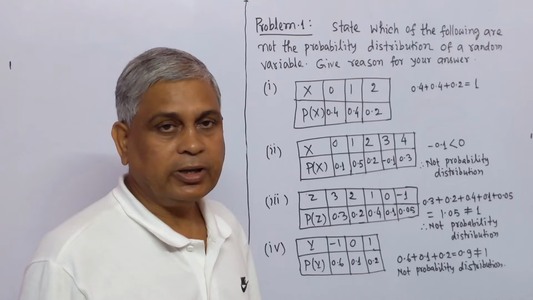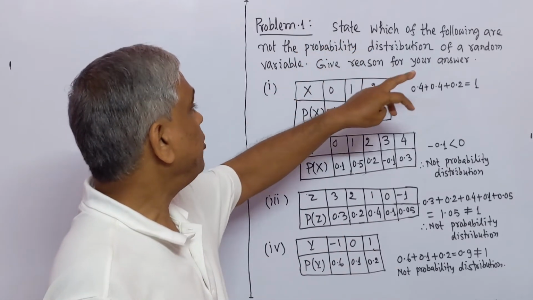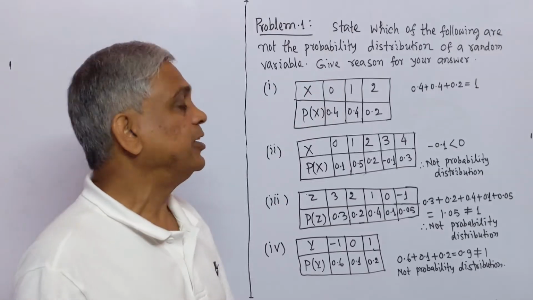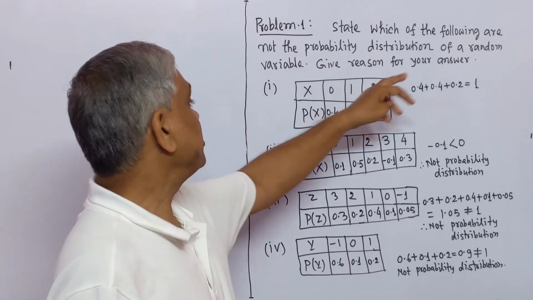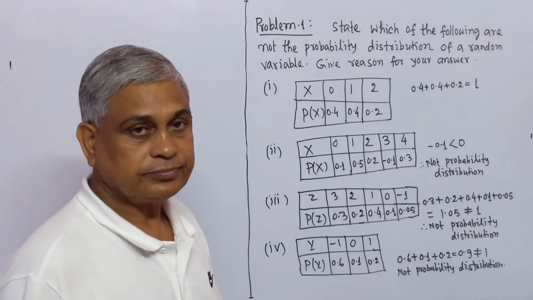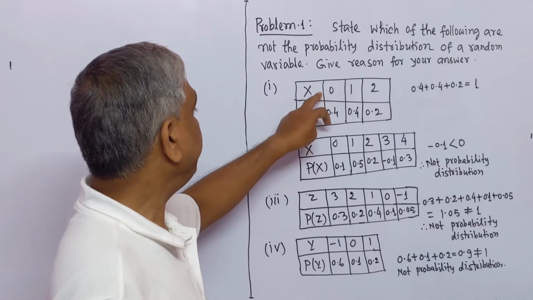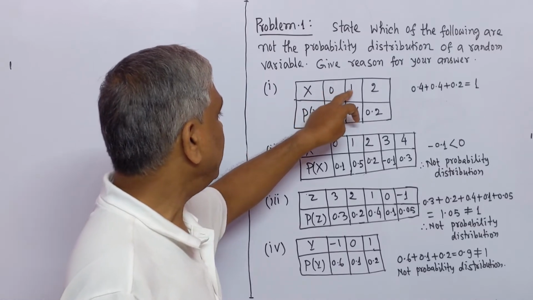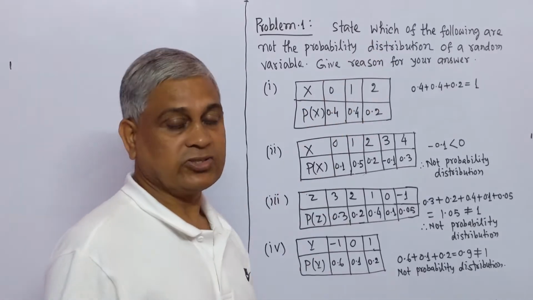Now we solve a problem. The problem is: state which of the following are not probability distributions of a random variable. Give reason for your answer. Number 1. Here the values of the random variable are 0, 1, 2. These are all real numbers.